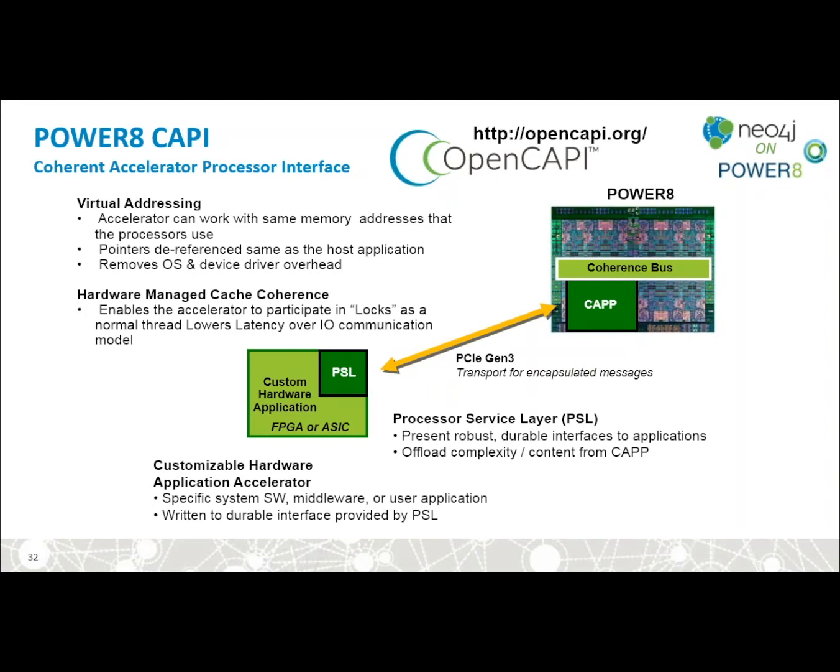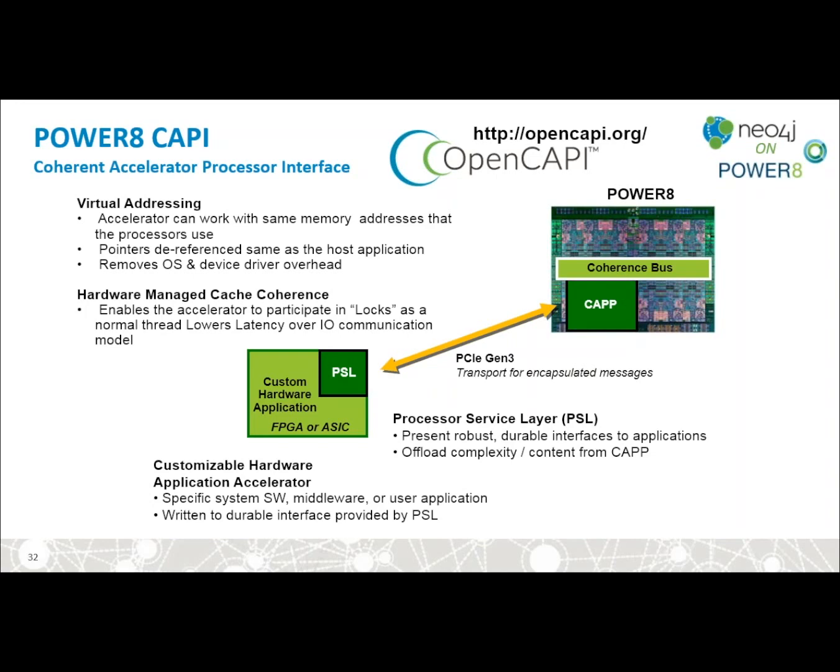The way that we did this was using a dedicated part on the chip called the CAPP, the coherent accelerator processor proxy, and then we also provide a Power Service Layer which sits on the FPGA. This makes it much simpler to develop accelerators and to attach accelerators to Power systems.